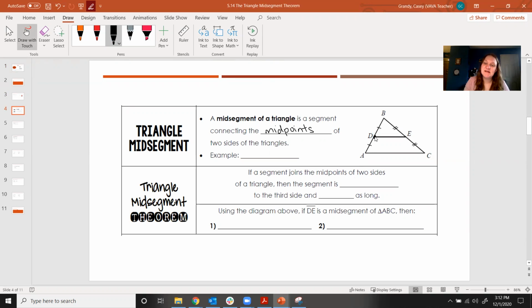So D is the midpoint of AB, and I know it's the midpoint because the two pieces on either side are congruent. AD and BD are congruent. E is the midpoint of BC because the two segments on either side of it are also congruent. So BE and EC are congruent, making E the midpoint. So in this triangle, the midsegment is DE.